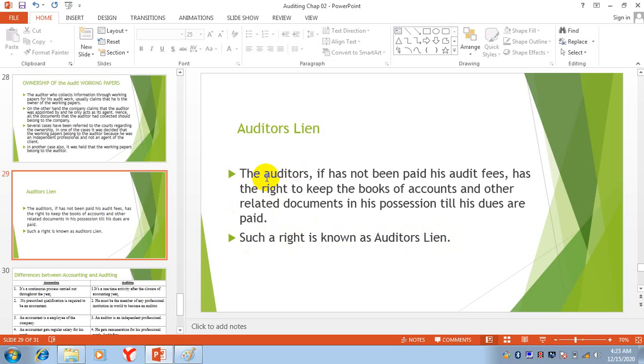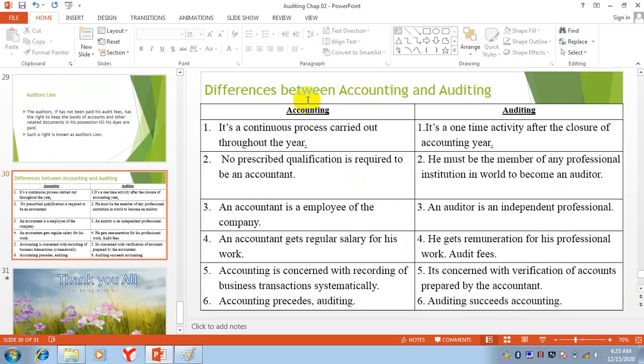But after receiving your audit fee, the auditor doesn't have this right. Before the payment of the fee, he has the right to keep all the documents and other things related to the company with him. And then we discussed the main difference between accounting and auditing. So this is the end of this chapter.